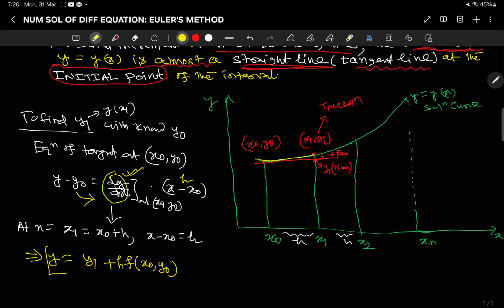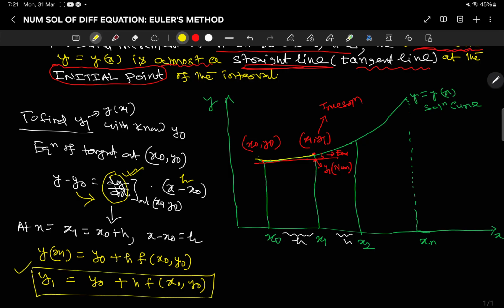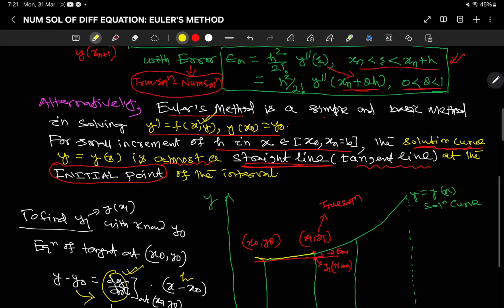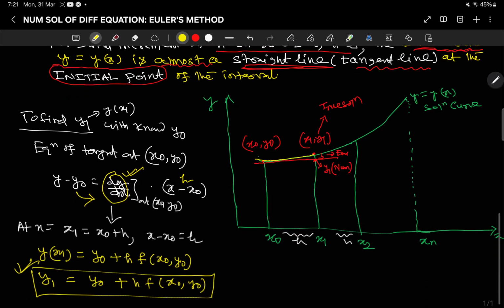Y minus y0 means y is this at the point x1. So y1 is equal to y0 plus h f(x0, y0). You see this agrees with the formula. In your formula, if I substitute n equal to 0, then we get y1 equal to y0 plus h f(x0, y0).